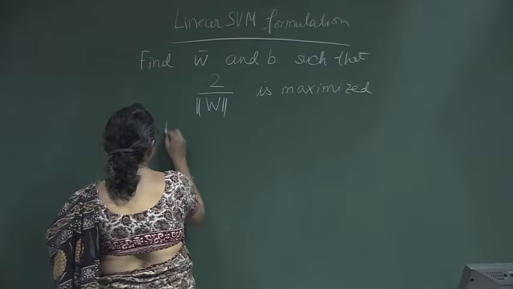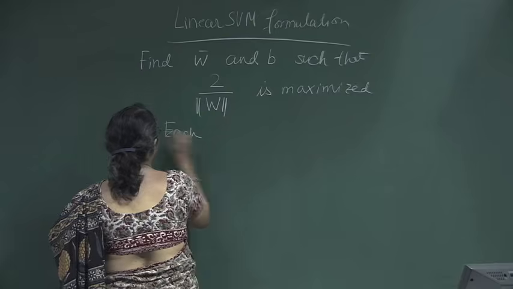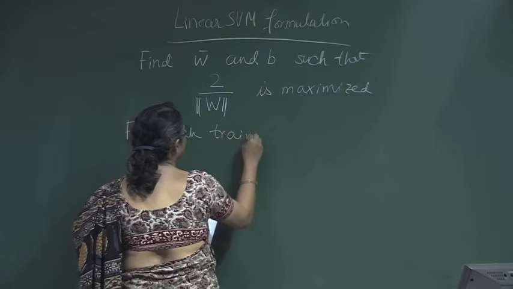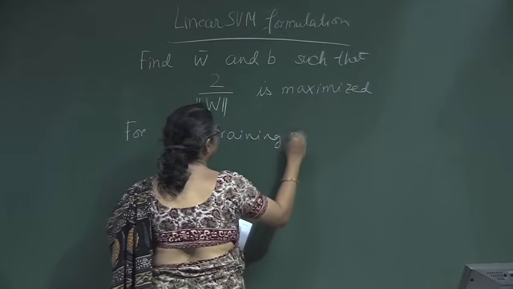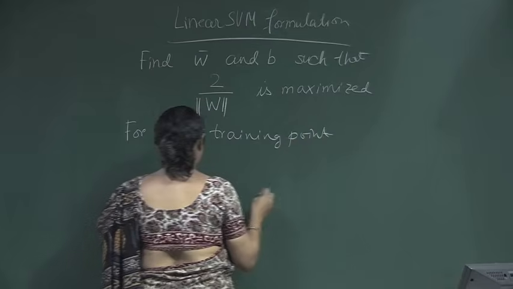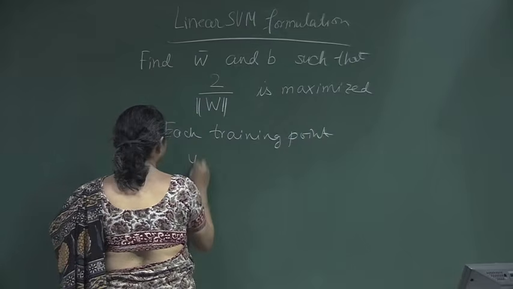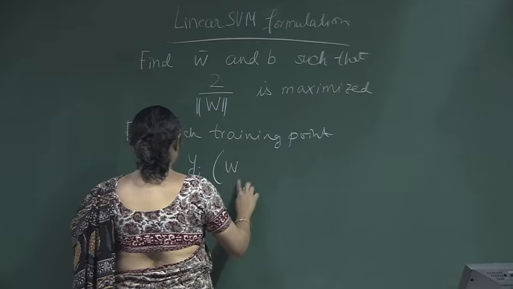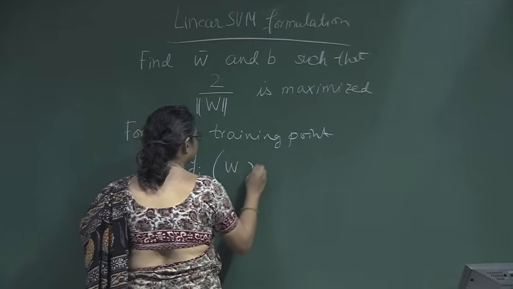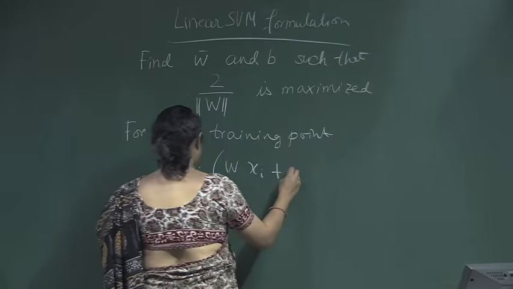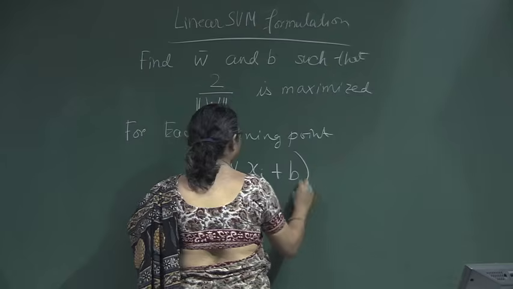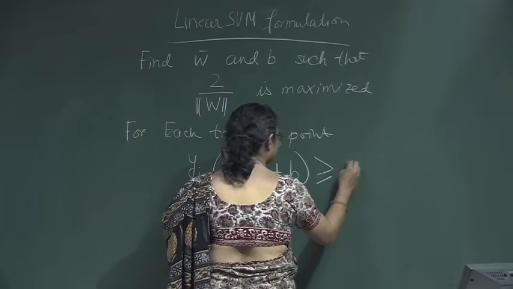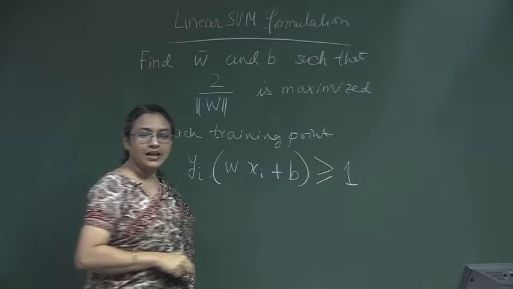So, for each training point, i equal to 1 to M, we had yi times (W·xi plus b) is greater than or equal to 1, right.